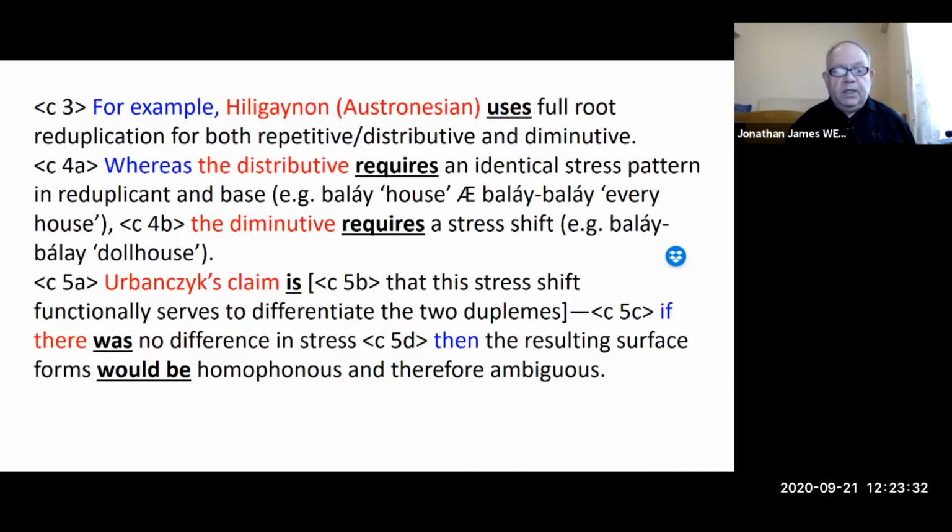Because what has happened here is it's taken a clause, 5b, and it's put it into basically what essentially is a noun phrase. Now, how could you have said 5a differently? Could you have said 5a differently? You could have said Urbanchik claims that this stress shift, right?